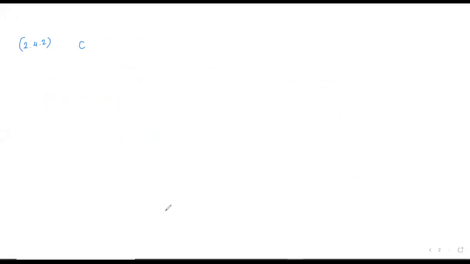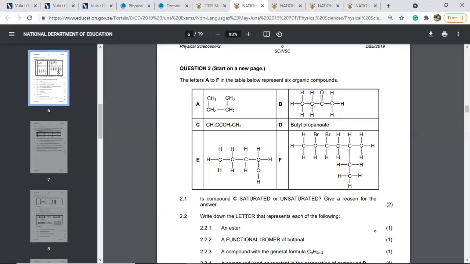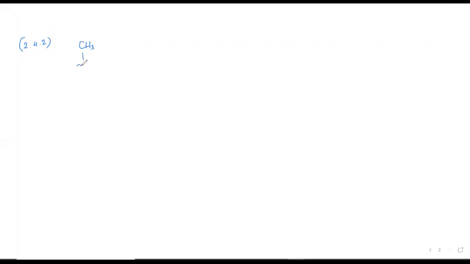Let's go back again and see what's happening. CH3, CH2, CH3, CH2, CH3, CH2, CH2, CH3. So now when we write the molecular formula of this, we count the number of carbons that we have here.